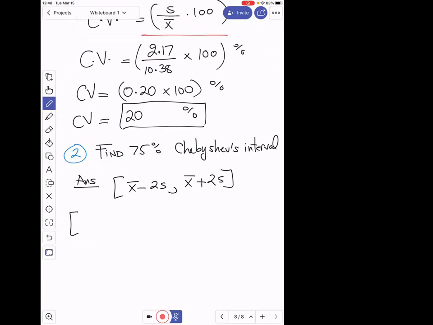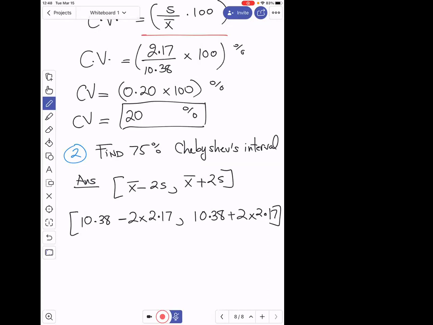So x bar is $10.38 minus 2 times the s, 2 times $2.17, and x bar plus 2 times $2.17.